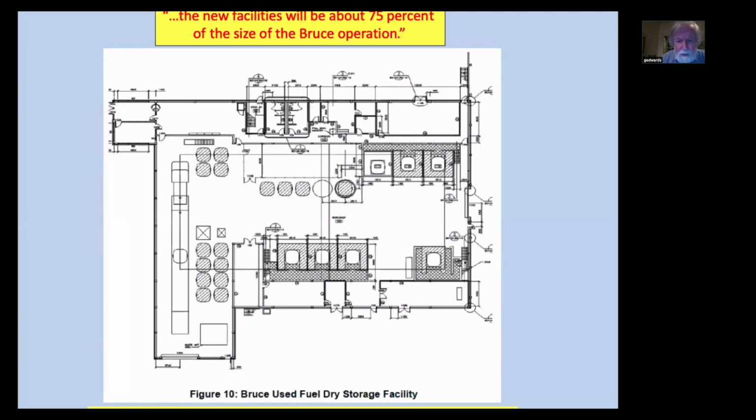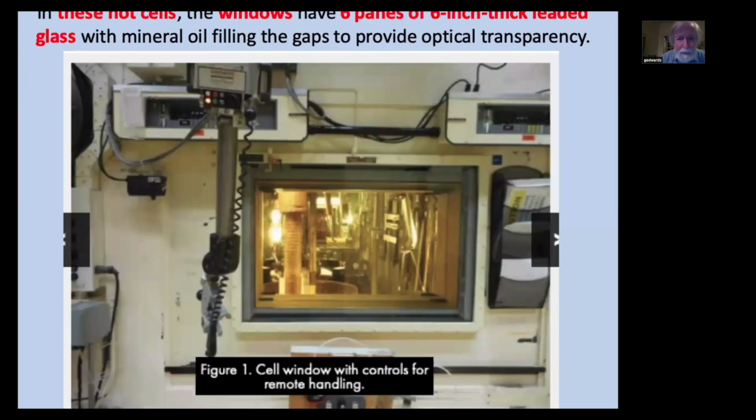The plant that would be needed at the DGR site or near the DGR site would be processing more than 300 bundles per day for 30 to 60 years. And those bundles would basically be processed pretty much one at a time using those hot cells. So you can see they're going to be very, very busy for a long time. And the size of the plant there would be about 3/4 the size of the existing building.